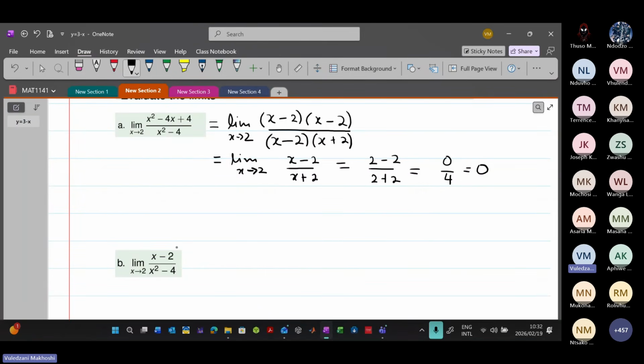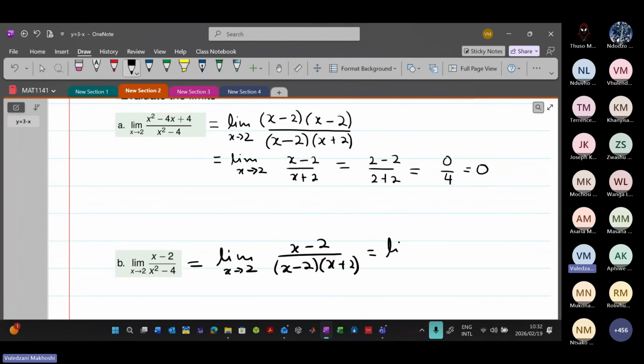Now, this one I think is in the same class, because we have x approaching 2, x minus 2 over x minus 2 times x plus 2. This and that gone.